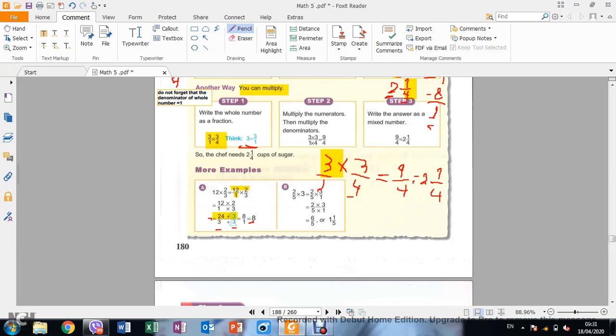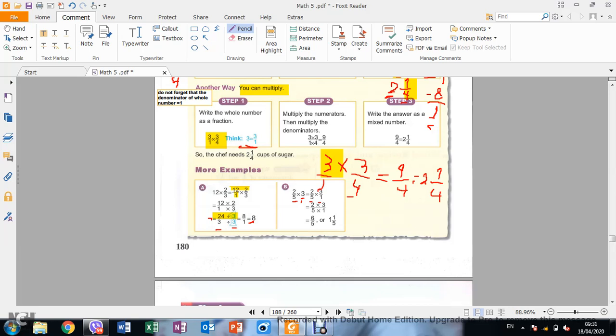Okay, more examples. We have 2/5 multiplied by 3. So we put down the denominator of 3, directly 1. So 5 times 1 is 5, and 2 times 3 is 6. Because 6 is more than 5, directly we can change this to a mixed number.